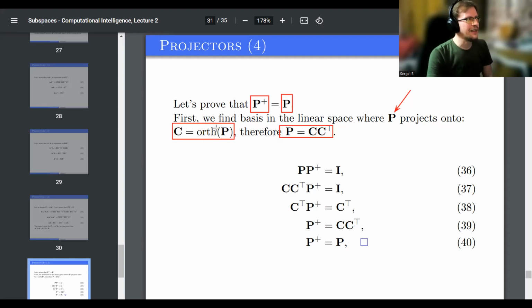I guess I'm skipping steps here, because here we sort of assume that there is only one orthogonal projector onto the space. But we assume that P is an orthogonal projector. So we find the orthogonal basis in the space to which P projects, and then we find P as a projector onto this space via this basis. That's what we do.